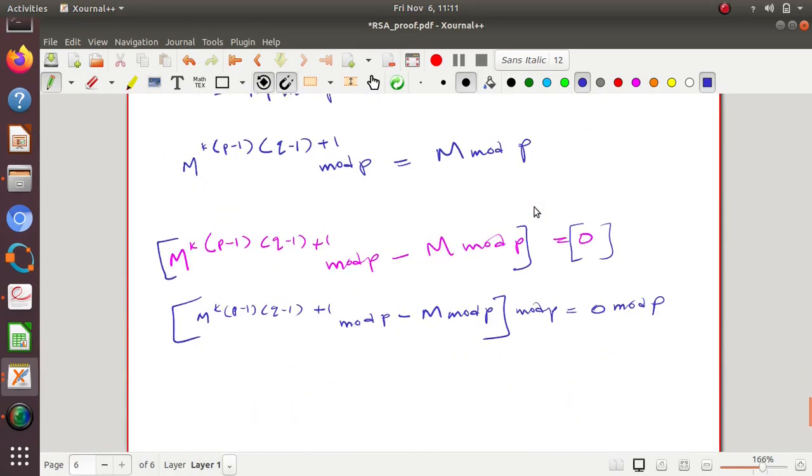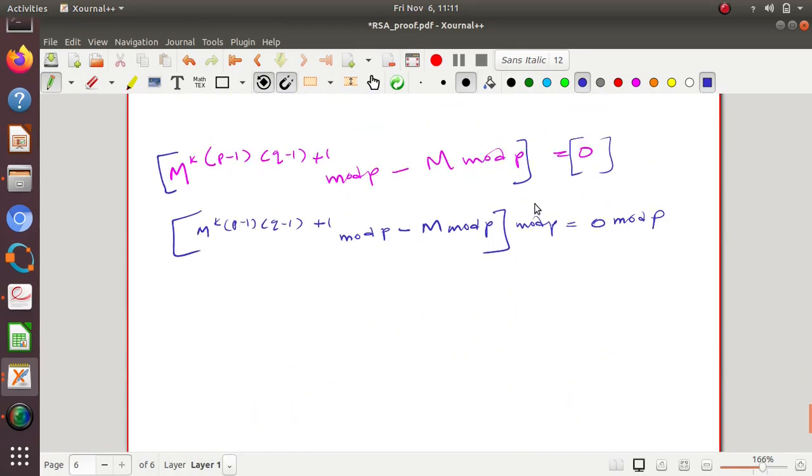So we can express this as m to the power k(p minus 1)(q minus 1) plus 1, minus m, mod p is equal to 0 mod p, anyhow 0.